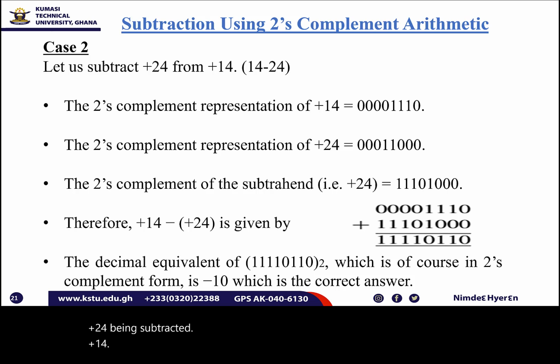Now, in that case, it will mean that when we have the 2's complement of 14 and then the 2's complement of 24, because 24 is now the subtrahend, the 2's complement of the subtrahend becomes 1 1 1 0 1 0 0 0.